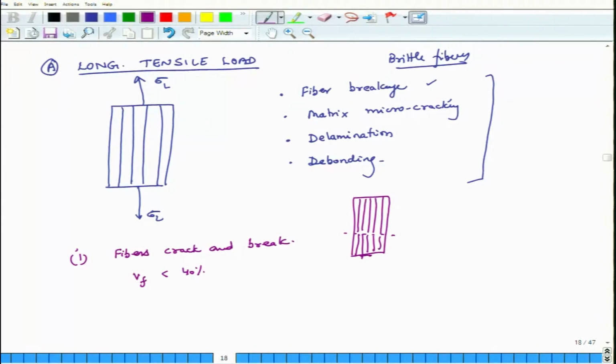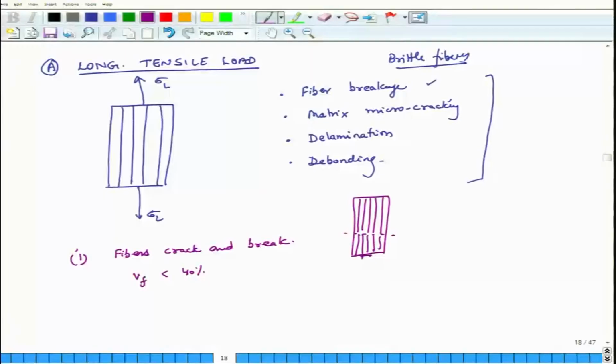Now, as you increase the volume fraction of fibers, there is a chance that some fibers may not be perfectly bonded to the matrix. So, in that case the type of failure that happens is a little bit different. So, what happens there? Fibers break and pull out. Okay.